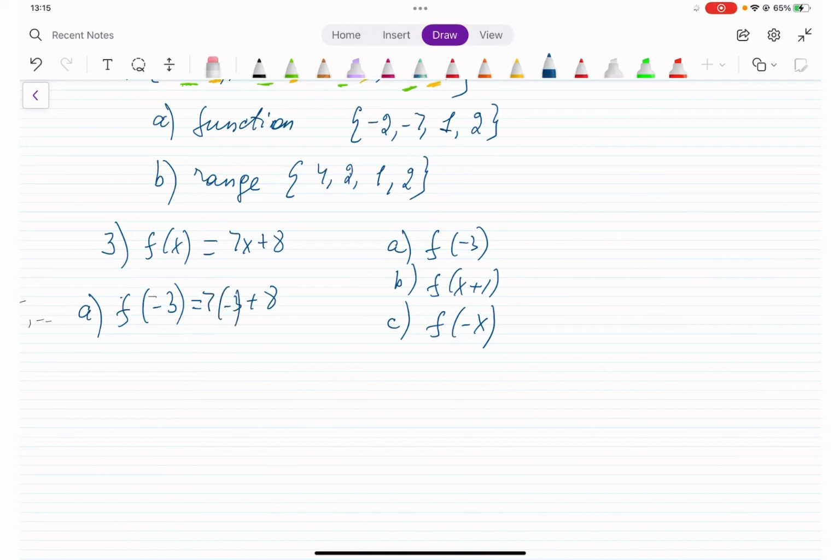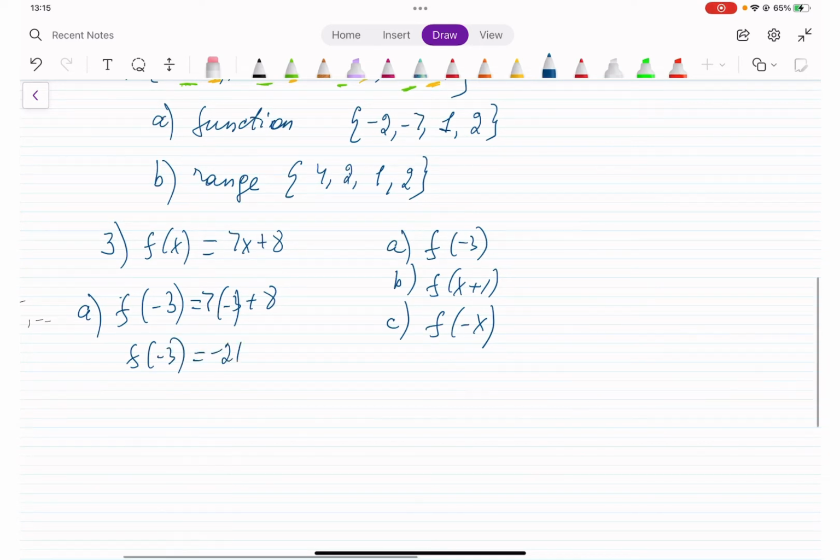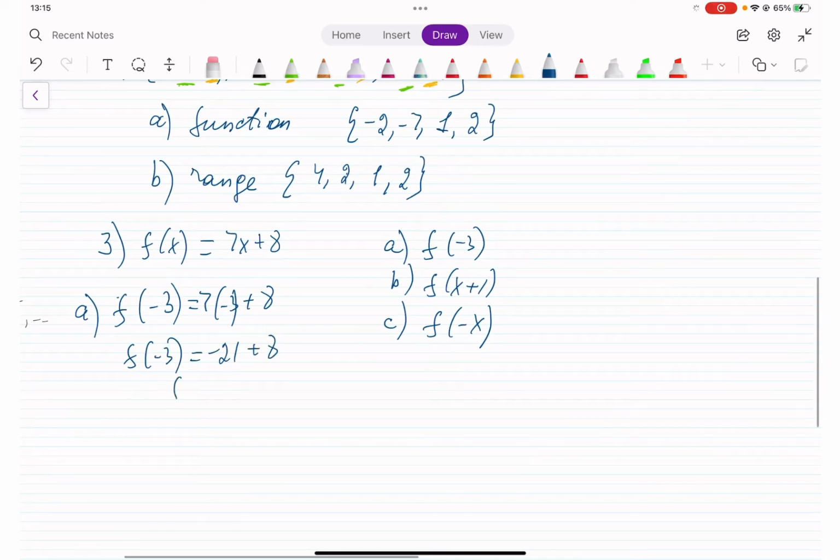That's going to be negative 21 plus 8, and f of negative 3 is equal to negative 13.